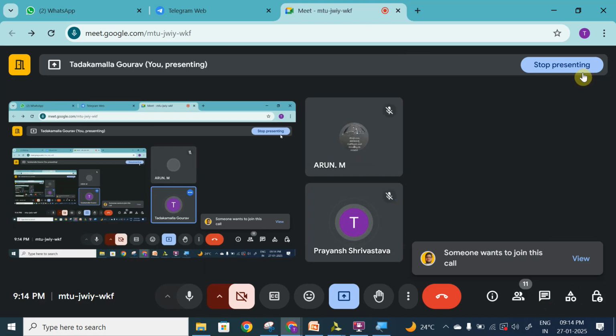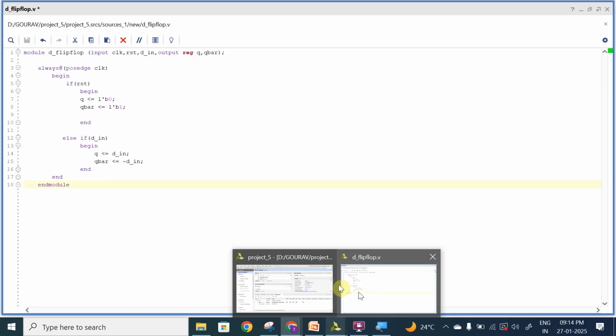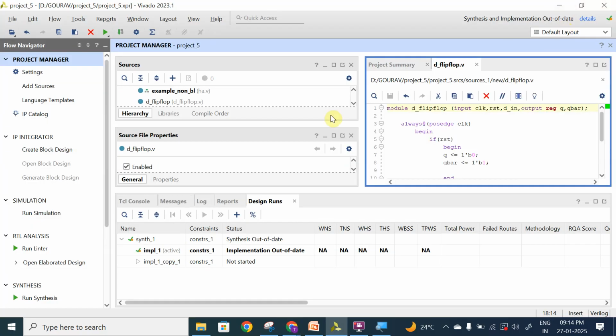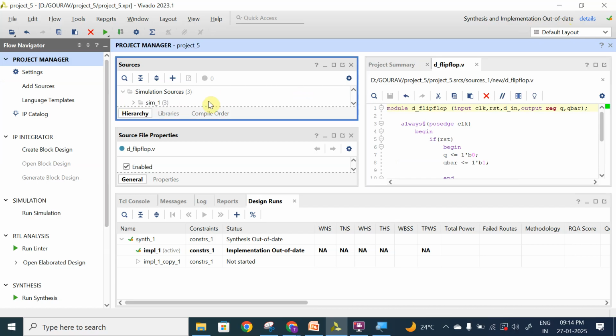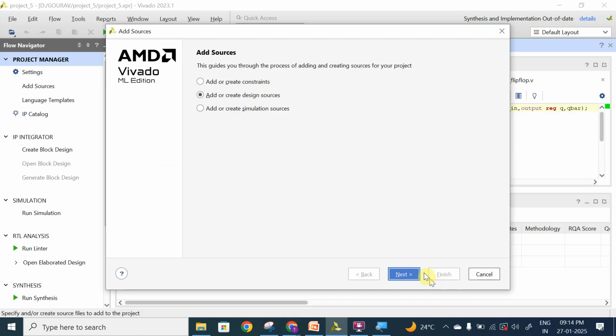Now let us see how to write the test bench for this particular sequential circuit. So let me create one file for my test bench. Simulation source.